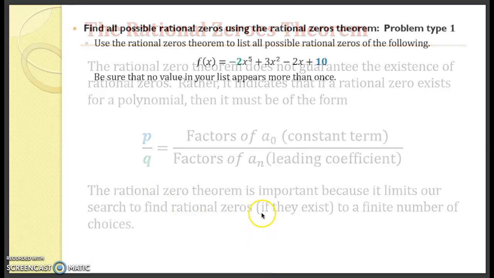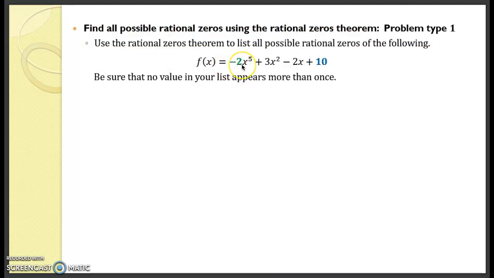So for this problem, f of x equals negative 2x to the fifth plus 3x squared minus 2x plus 10.